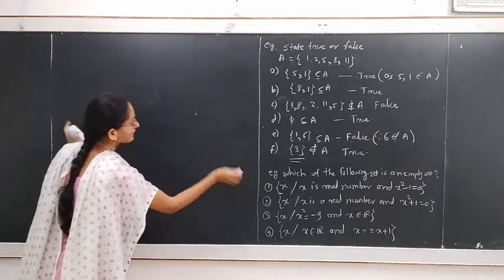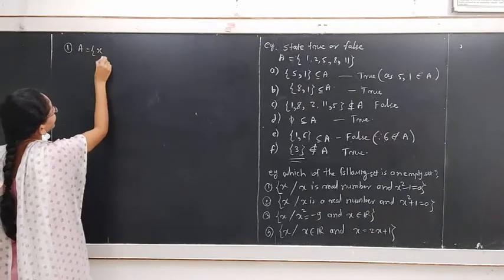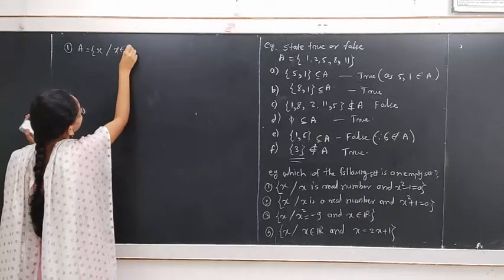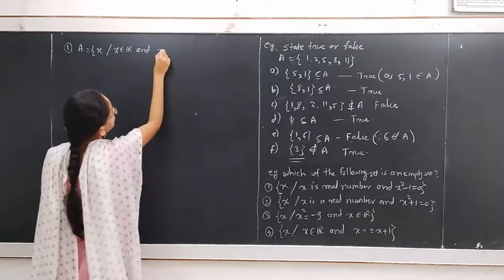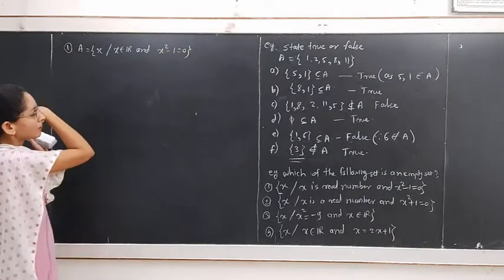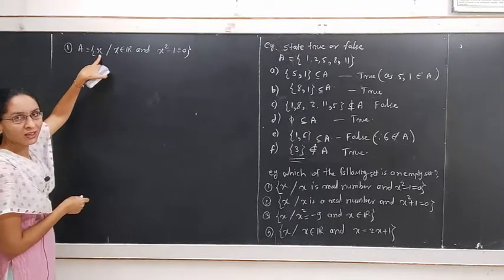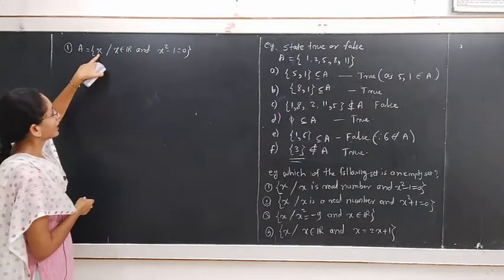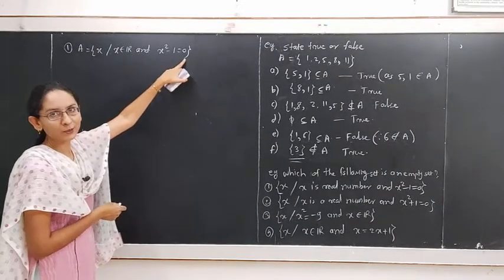The first set is given as, suppose that set is A, the set of all elements x where x is a real number, means x belongs to R, and x square minus 1 equal to 0. Set A consists of elements x, and this element x satisfies the property that x is a real number and x square minus 1 equal to 0.